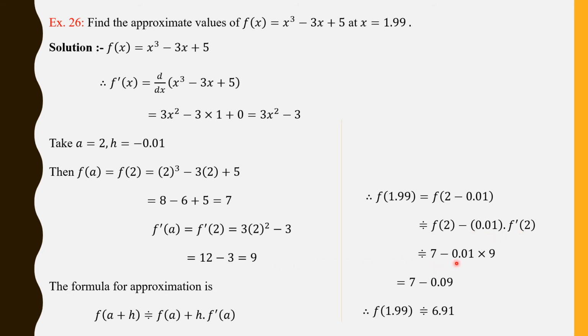Therefore, 7 - 0.01 into 9. Here the multiplication is 0.09. Take the subtraction, we get 6.91. Hence, the approximate value of the function at the point 1.99, that is f(1.99), is equal to 6.91.